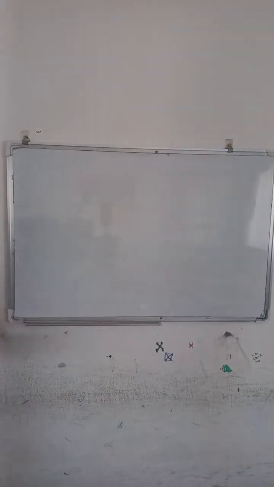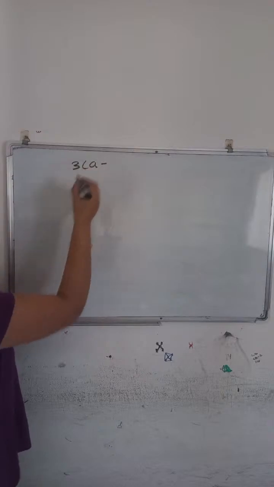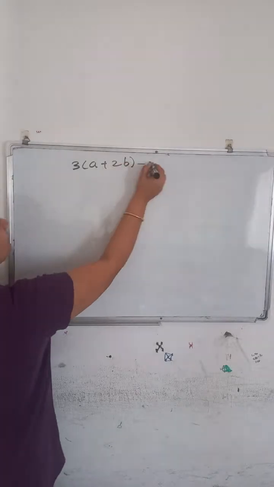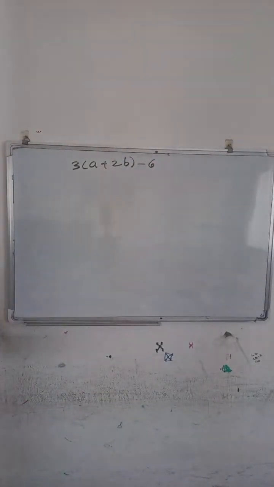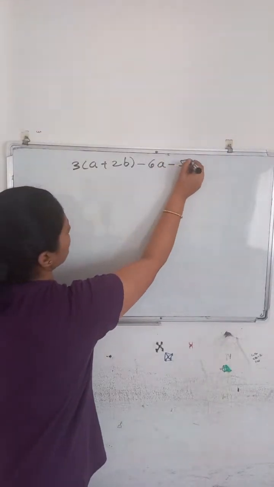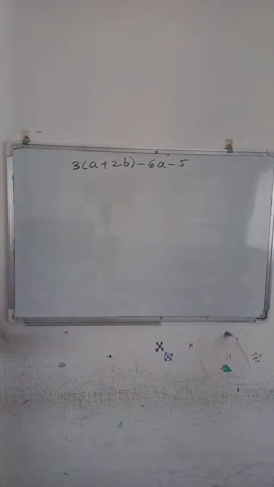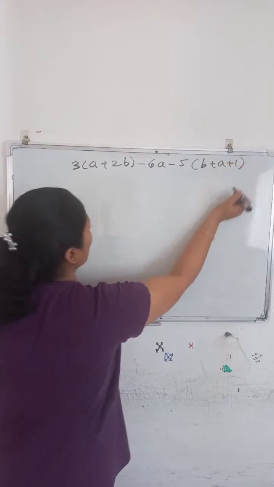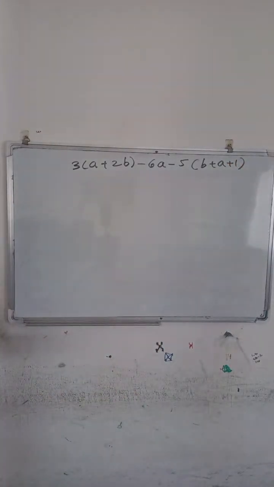Evaluate and simplify for a is equal to minus 1 and b is equal to 3. The question given is 3a plus 2b minus 6a minus 5, and inside the bracket b plus a plus 1.